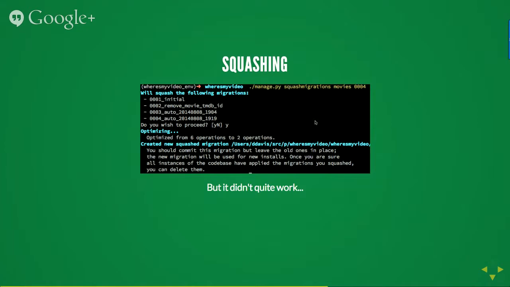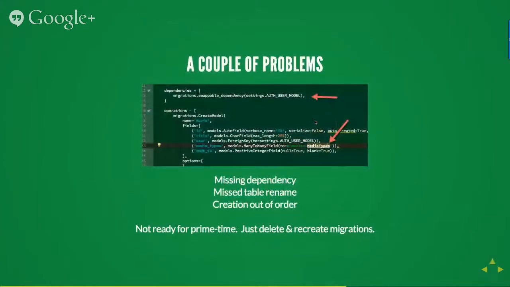But I tried this and I wasn't impressed. I don't know if you can see this code very well, but it didn't have any dependencies on it. And so I had to add this dependency, and then when I tried to run it, it still didn't run because it didn't catch my model renaming migration. So I don't think it's really ready for prime time.